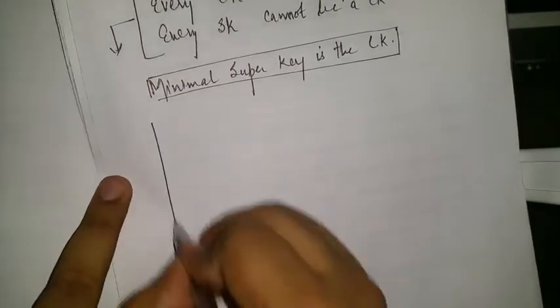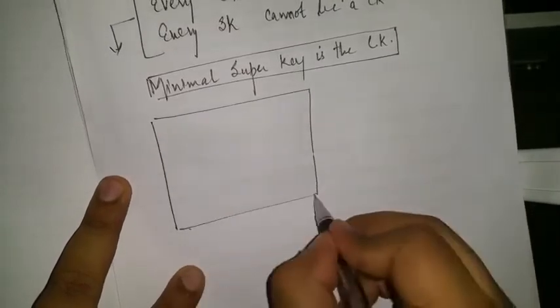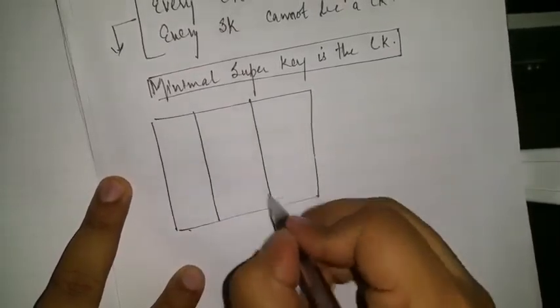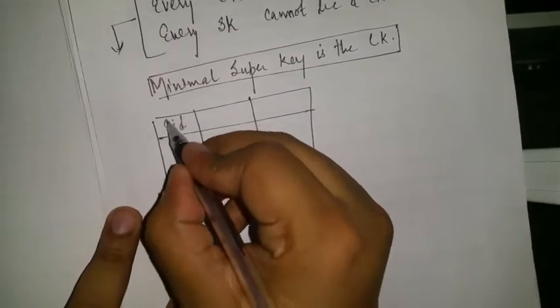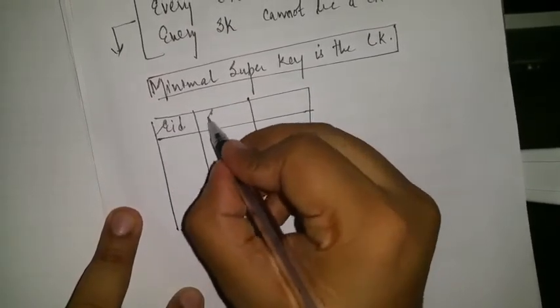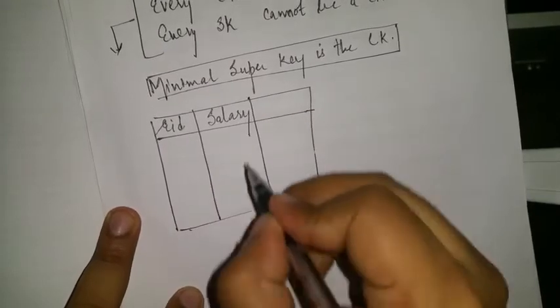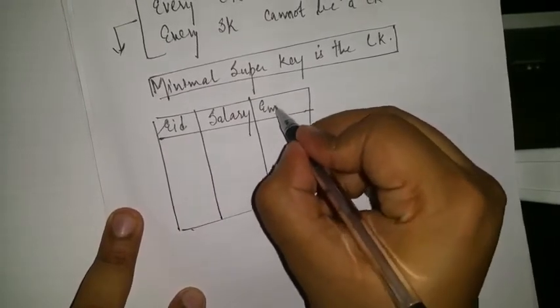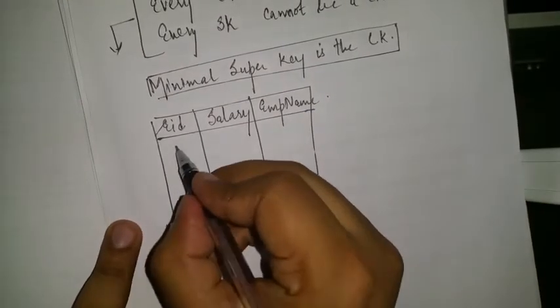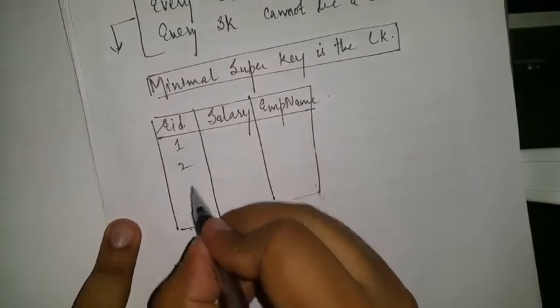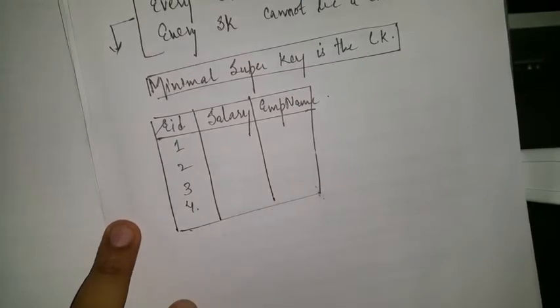Let us take an example of a table which has 3 attributes, that is employee ID, salary and employee name. Let the employee ID be 1, 2, 3 and 4.